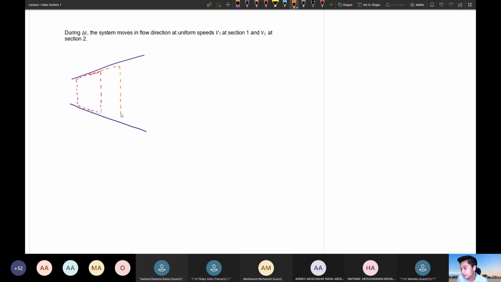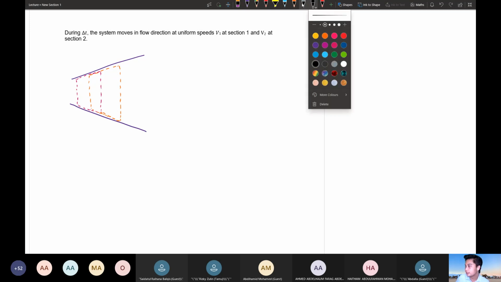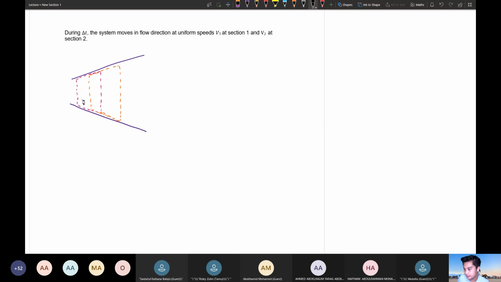Okay, this one. Okay, now can you see? Initially at time 1, at position here. For example, this is region 1, and this is region 2.